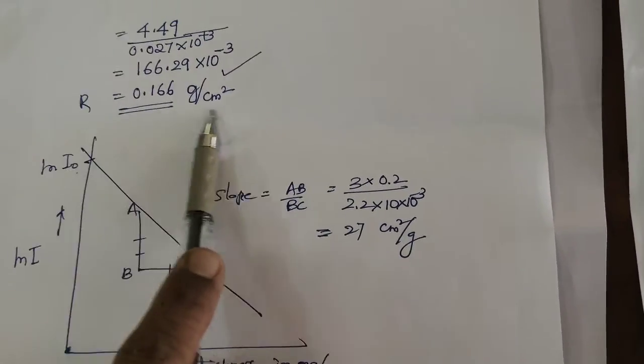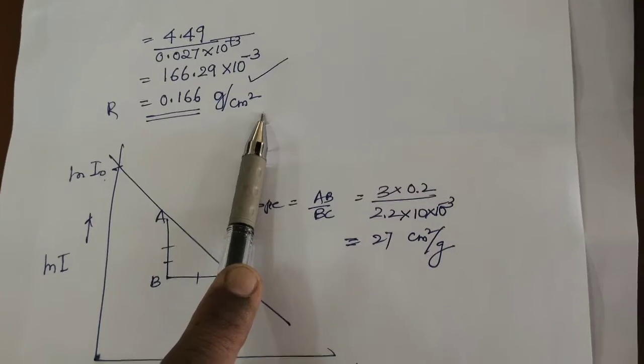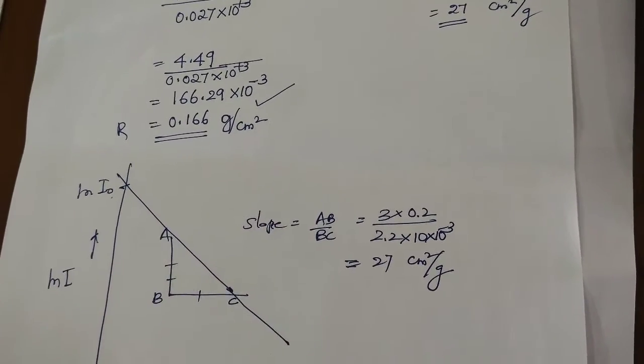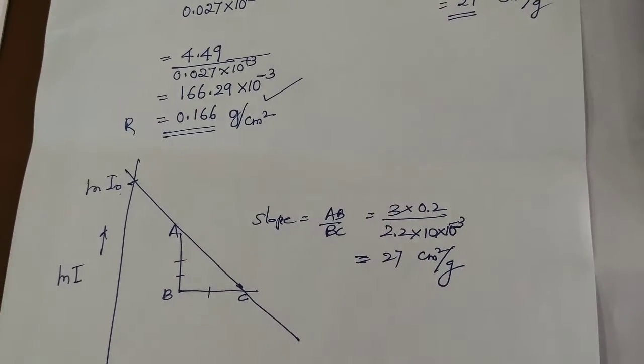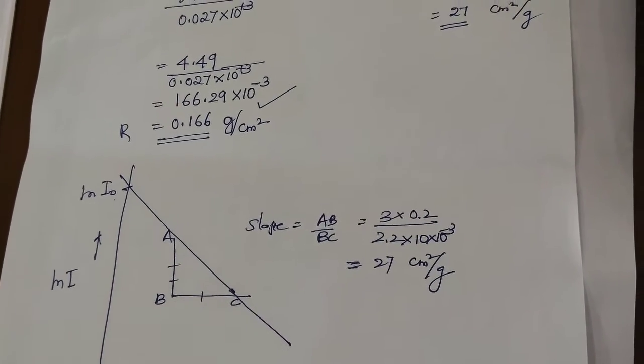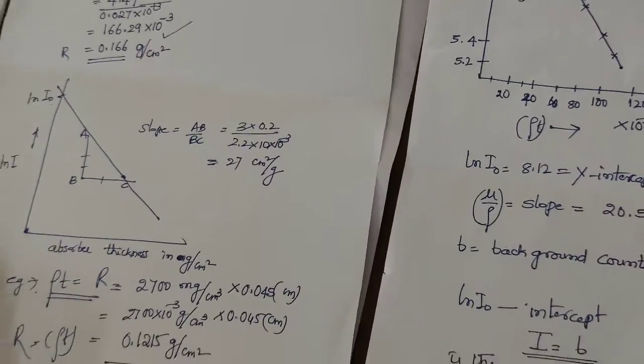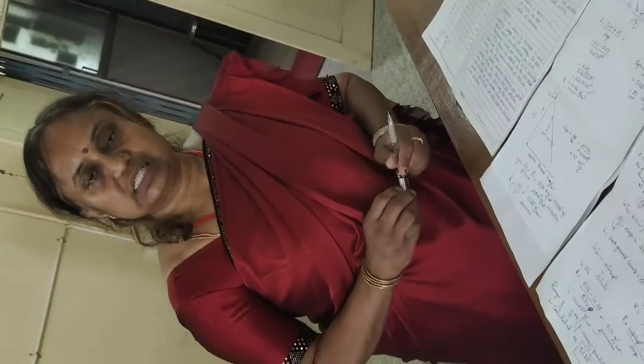This is the value of the range of beta particles in aluminum absorber of the thallium-204 beta source. From this we can find the range of beta particles using an aluminum absorber, by using a GM counter. This is all about the range of beta particles in aluminum.